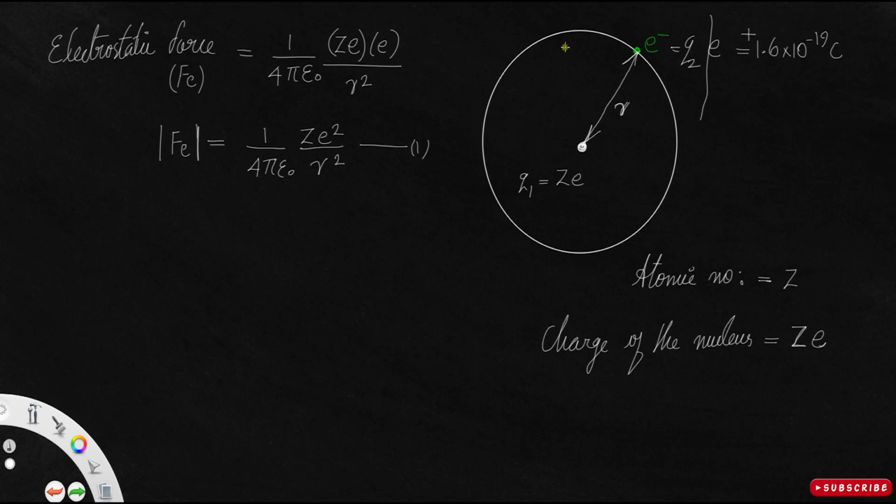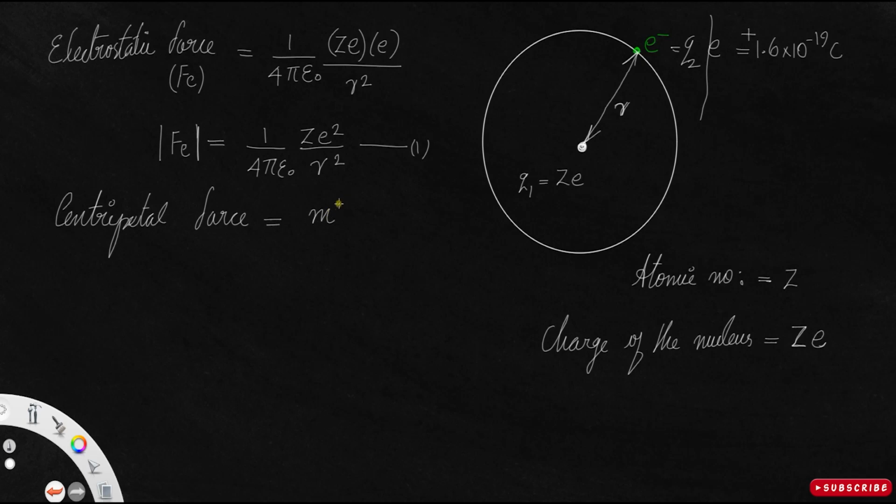And we know for any rotation, there is a type of force which is always needed, and that is the centripetal force. The centripetal force is equal to the mass of the electron, whatever be the body rotating, we have to consider its mass.